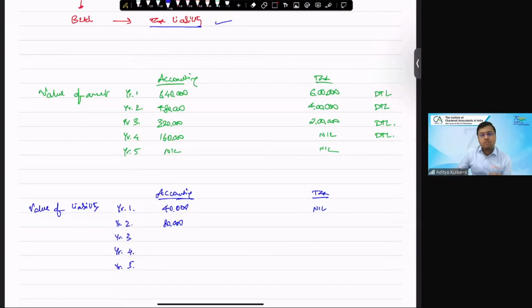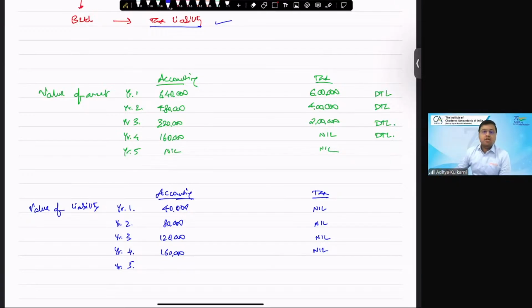Yes, another 40,000 you accrued, but tax you did not pay, so you have not accounted for it. Year 3, another 40,000 accrued, so your accrued interest is 1,20,000, but tax you have unpaid. Year 4, 1,60,000, but unpaid in year 4. So you would not have taken it in the tax workings.